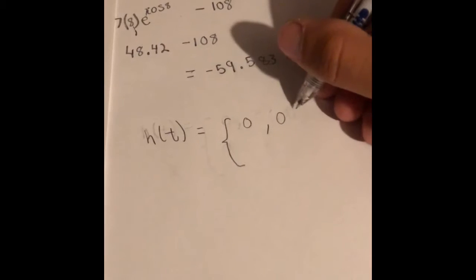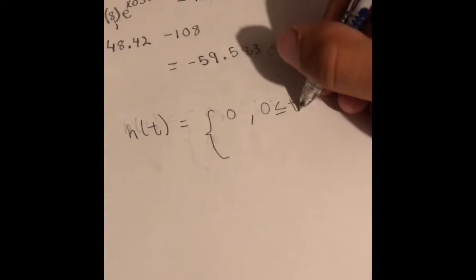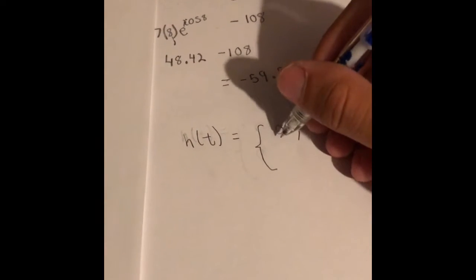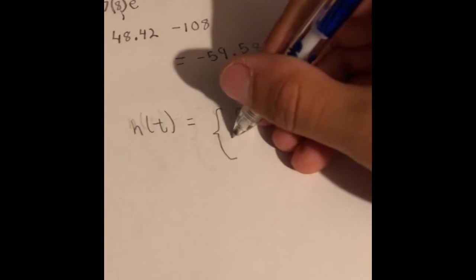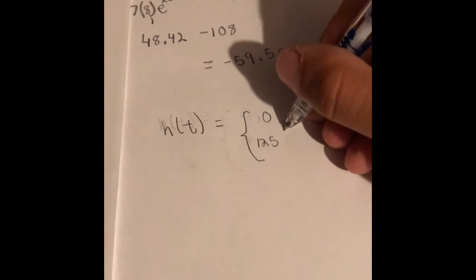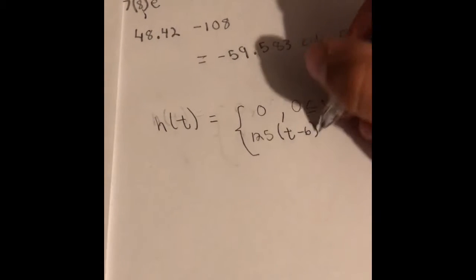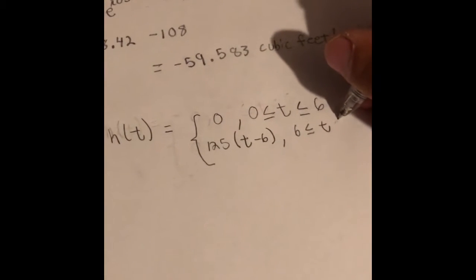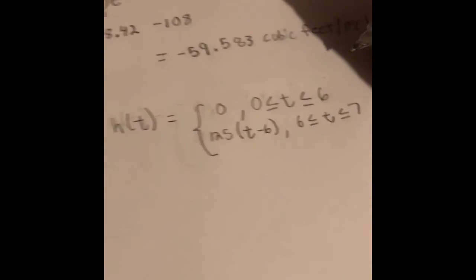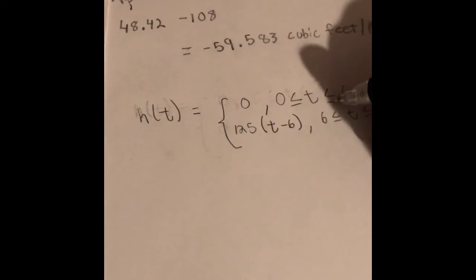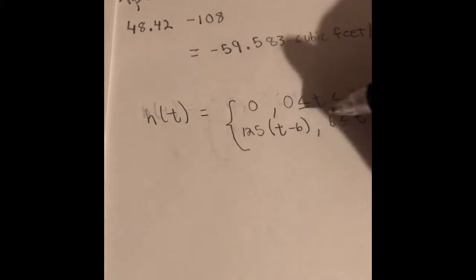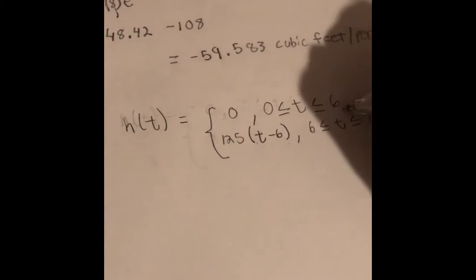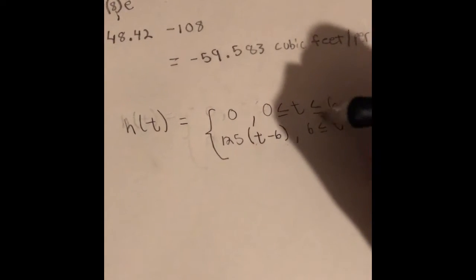So 0 from 0 to t to 6. For our first piece, we get 125 (t minus 6) from 6 to 7. This is because we have to stay consistent with our other boundaries. So do 6 minus 6 and get 0. That matches up with here above with this 6.